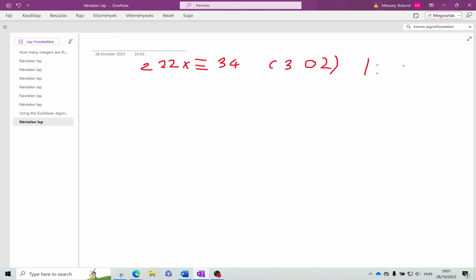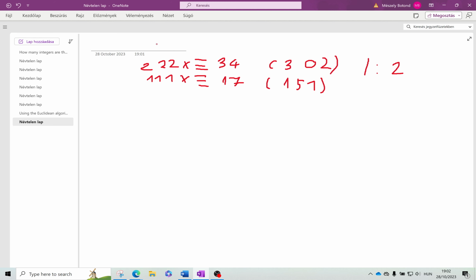It's the rule when using the Euclidean algorithm. So divided by 2, you get 111 x congruent 17, and modulo 151, because when dividing a congruence, you also need to divide the modulus with the largest common divisor, which in this case is 2.